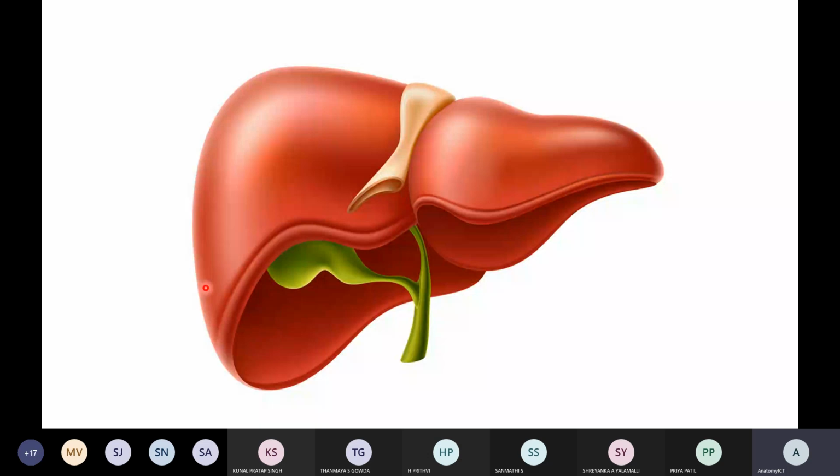Now, besides that we have a visceral surface. The visceral surface is nothing but the inferior surface. This is the inferior marginal area, which comes in relation to the different viscera of the abdomen. That is the reason it is also called the visceral surface. Now this part is also tilted towards posteriorly.